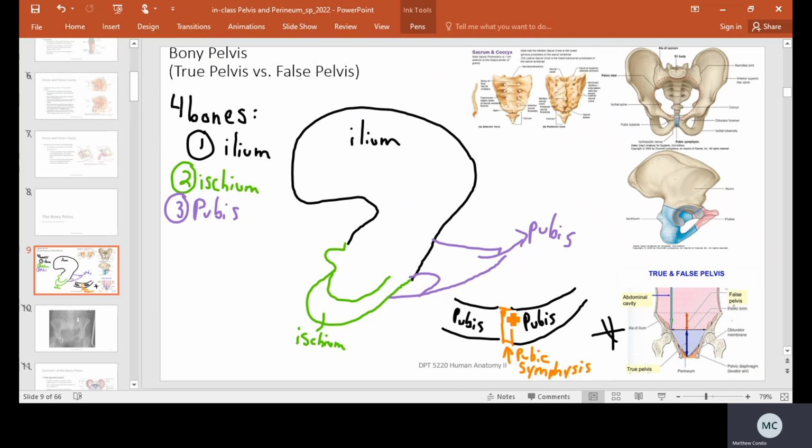Now, what's really important to remember about the pubic symphysis is that it is not bone. In fact, the pubic symphysis is all cartilage. So this is where a lot of moving parts are going to start coming together. I'm going to give you an example.